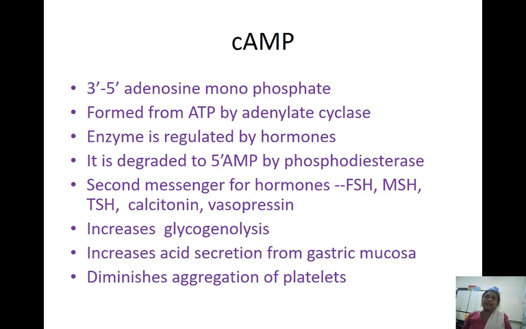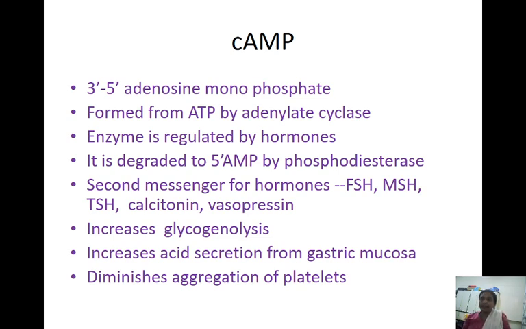Cyclic AMP is degraded to 5'-AMP by the enzyme phosphodiesterase. Cyclic AMP acts as a second messenger for hormones, for example FSH, MSH, TSH, calcitonin, and vasopressin. For all these hormones to exhibit their action, cyclic AMP acts as the second messenger.